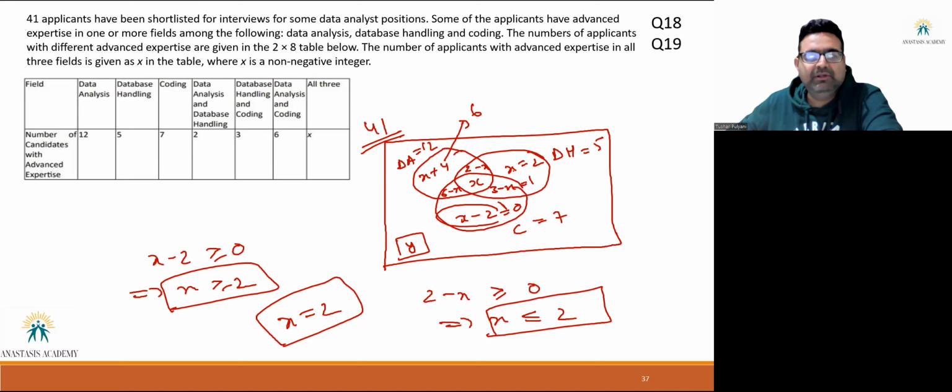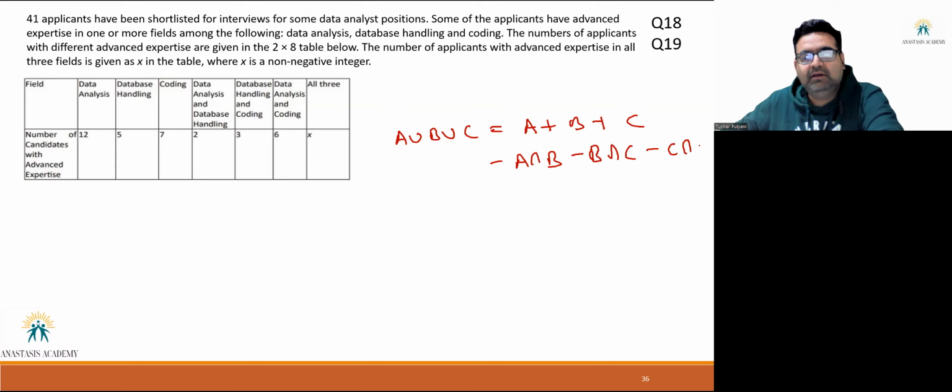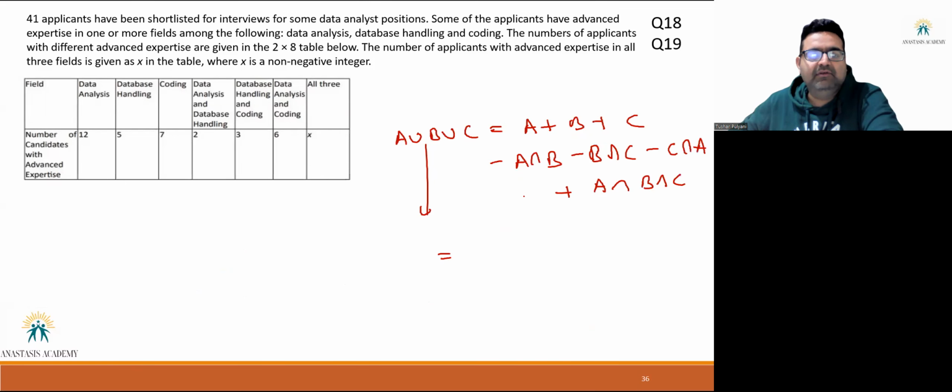Or you can apply the union formula as well, right? The union formula we already knew. What is our union formula? A union B union C is A plus B plus C minus the pairwise intersections, and then you add back the intersection of all 3, because it was already subtracted 3 times. I'm using this formula for ease; calculating everything in terms of x is also fine.